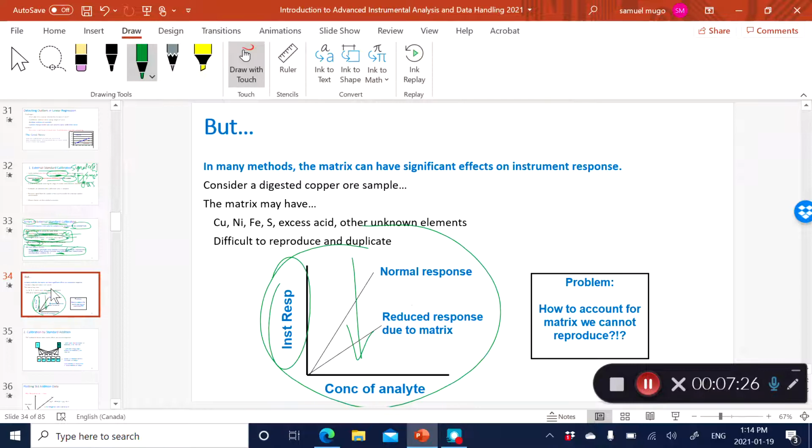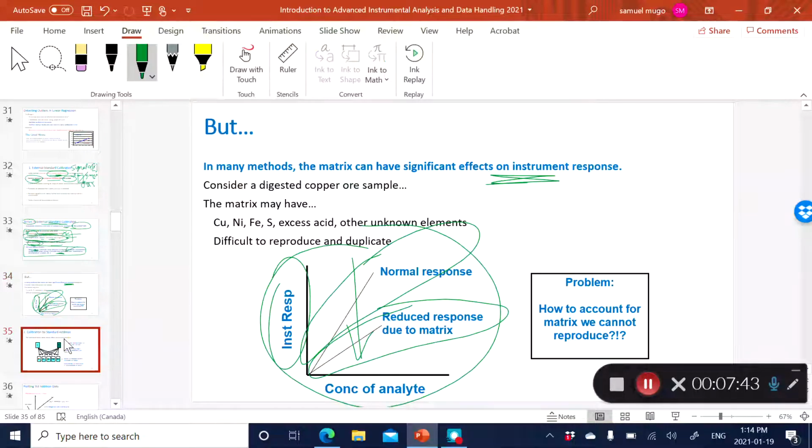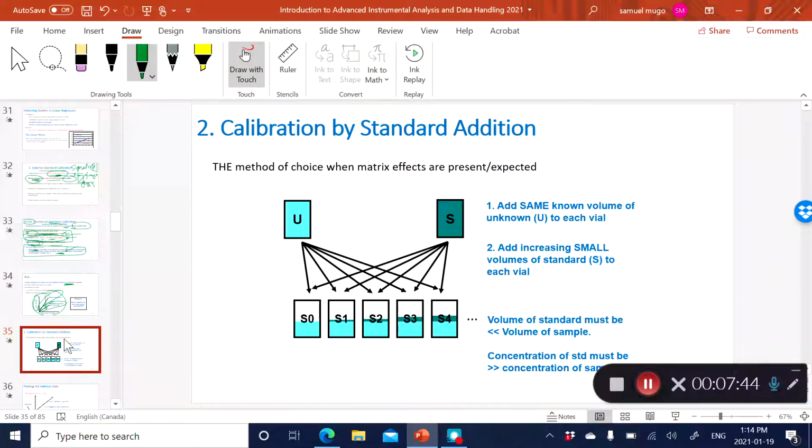And so that's why you can see, if I've got matrix effects, my calibration is suppressed compared to if I do not have matrix effects. So matrix effects are very, very significant and have to be accounted for or dealt with. And as I've said, the solution to matrix effects is the standard addition calibration method.